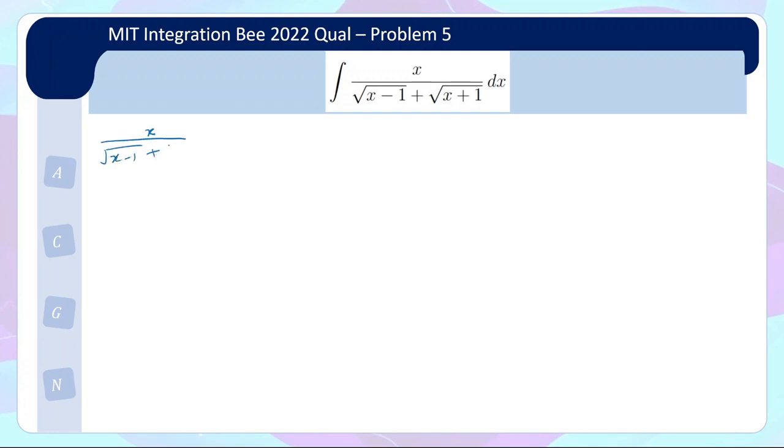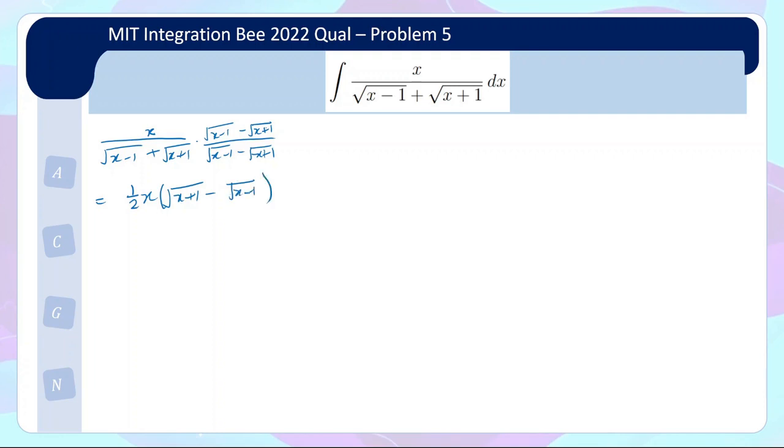So multiplying by the conjugate is taking the minus version. So this takes a while to write, but the idea is quite clear. So the denominator, we use the a squared minus b squared identity, we get minus 2. So this is half x, and I'll apply the minus to the inside, so we get square root x plus 1 minus square root x minus 1.